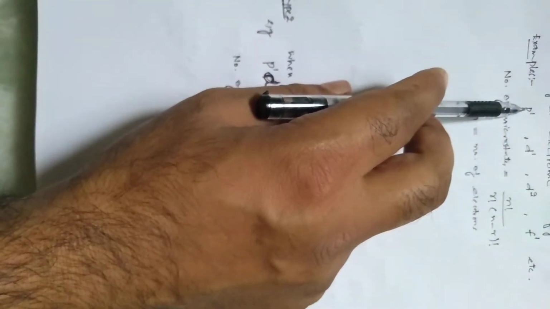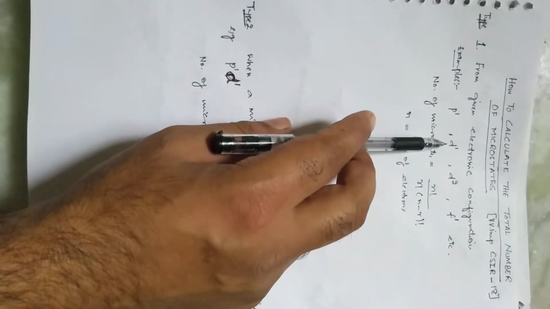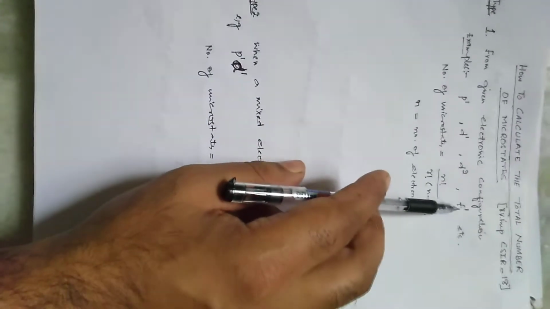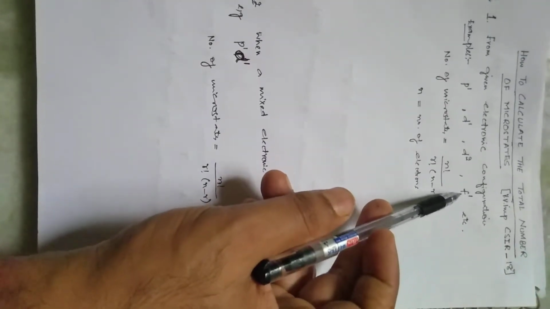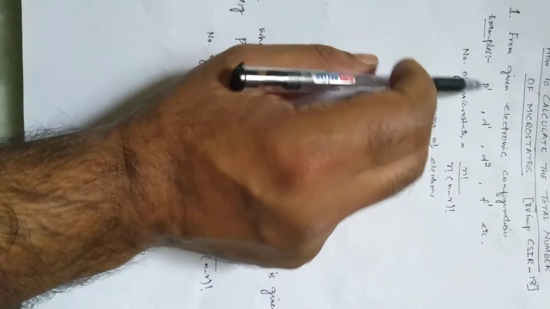Suppose in the p subshell we can accommodate a maximum of 6 electrons. In the d subshell we can have a maximum of 10 electrons. In the f subshell we can have 14 maximum electrons, because we know there are 7 orbitals in f, 5 orbitals in d and 3 orbitals in p. Now what's r? It's the given number of electrons in a given subshell.